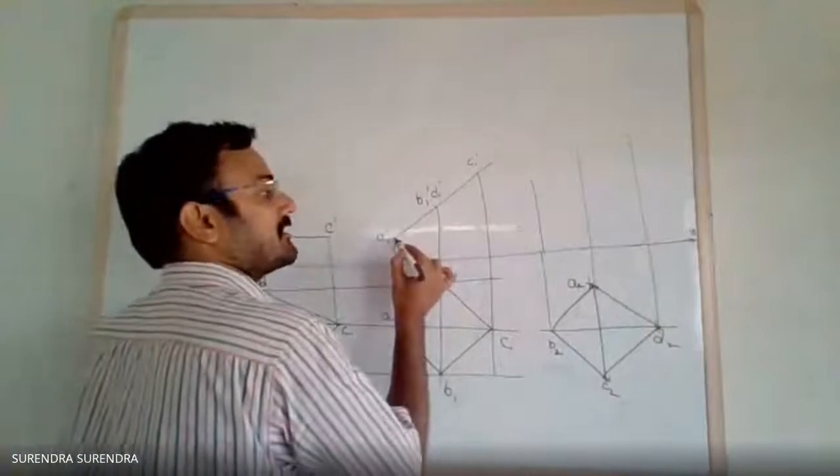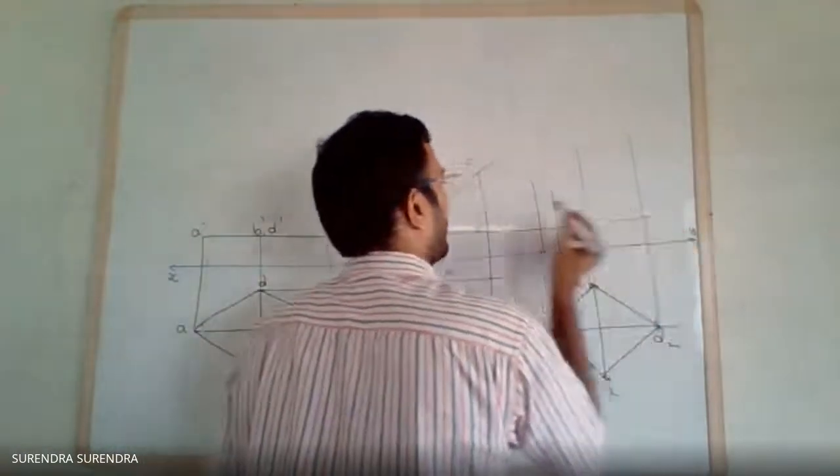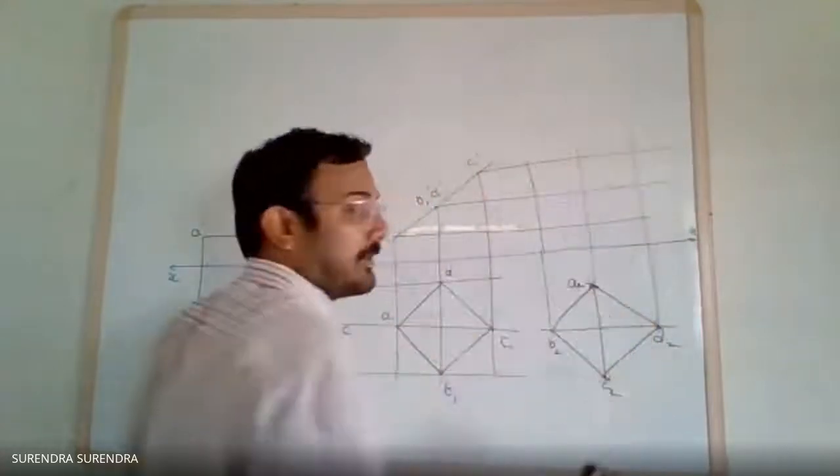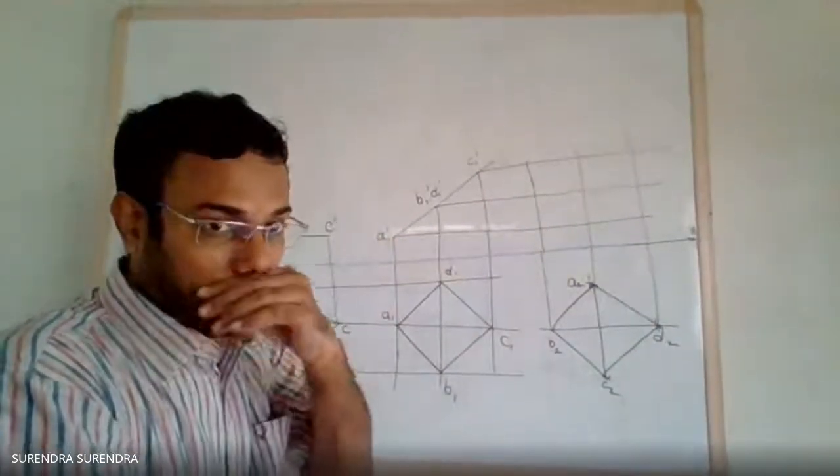And draw the locus lines parallel to the XY line from the previous front view, and mark the intersection points.